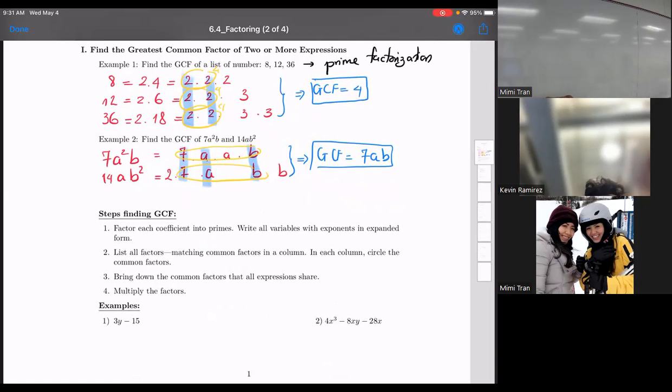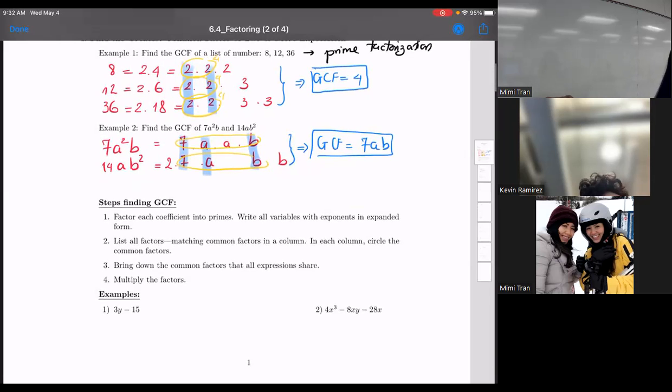For example, a squared is in exponential form, and you want to expand it into a times a. That's all we want. Next, you list the matching common factors in columns like I did, then bring down the common factors that all expressions share, and then multiply the factors.